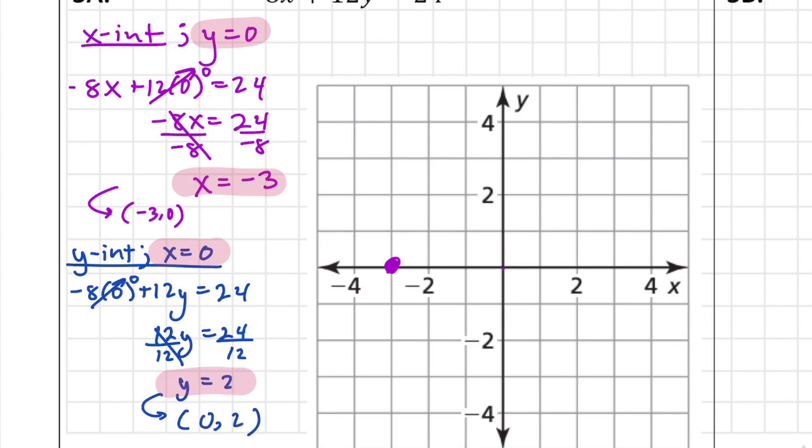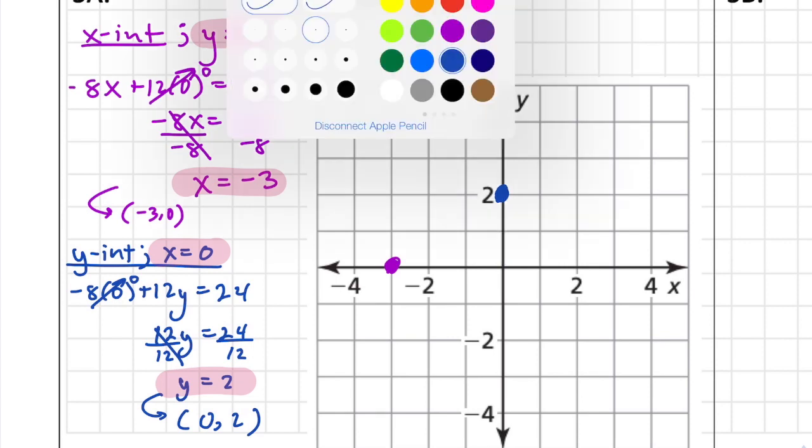Now let me plot that. Same deal, start at the origin. Because my x is 0, we will neither go right nor left, but we will go up, and we'll go up 1, 2. So let me put a point right there. Okay, now I've got all I need.